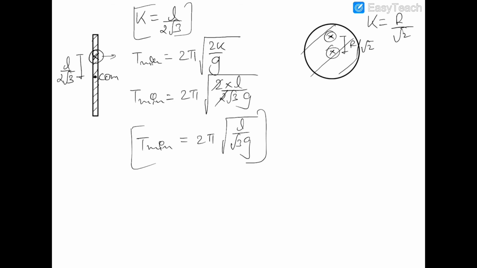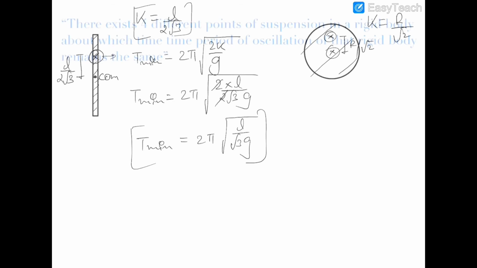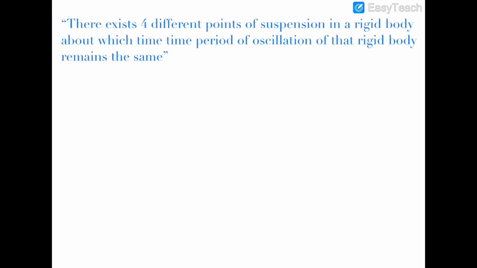Now let's move further on to a different concept of this compound pendulum. In this concept, it is very important to note that there are 4 different points of suspension in a rigid body, about which if we hinge the body, then the time period of oscillation of that rigid body will remain the same. Let us prove this thing.